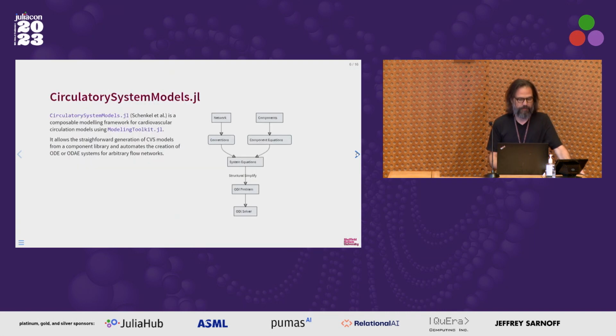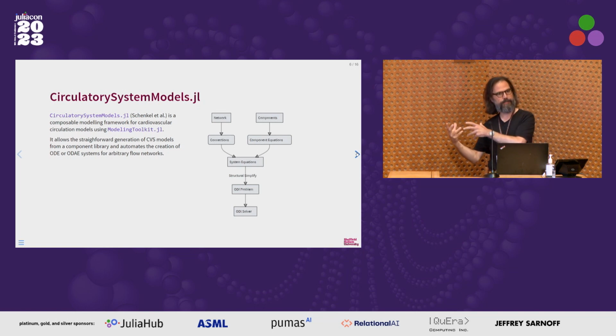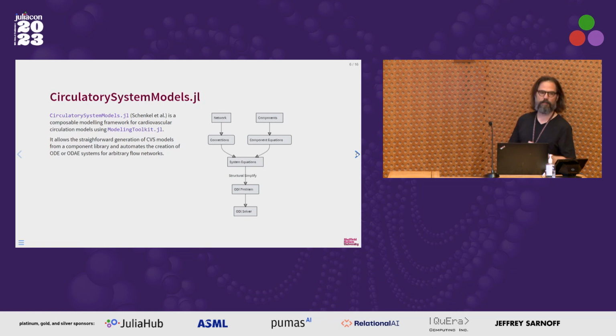So I don't need to explain what A-causal modeling is, I think. What we have, very quickly in here, is the network, which is the topology, and we have components. So the network has connections, and on each connection I need to fulfill the Kirchhoff equations, and the components have their own ODEs coming with them, and they can be quite complex.